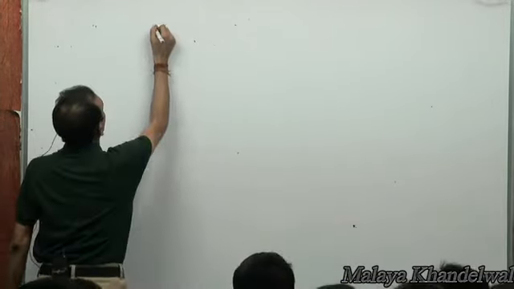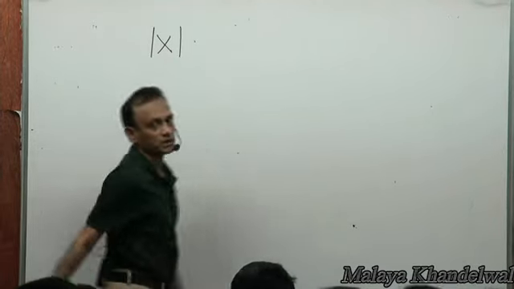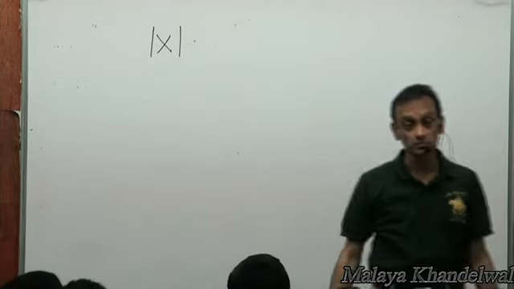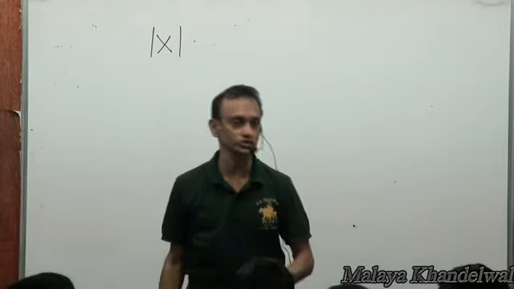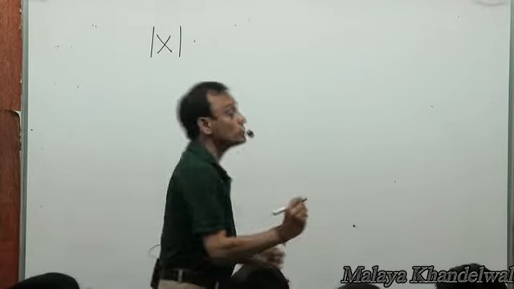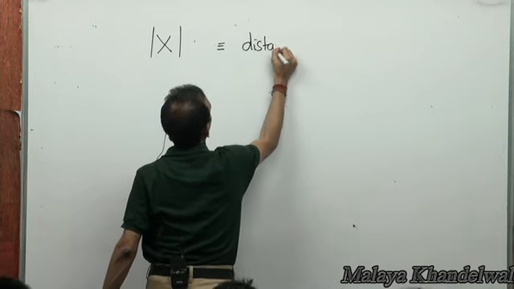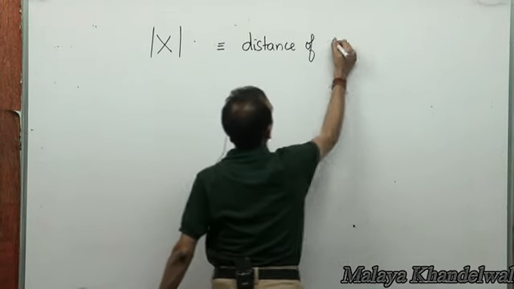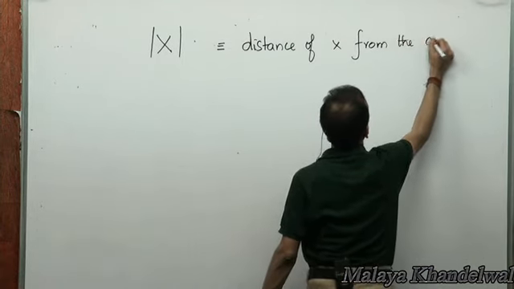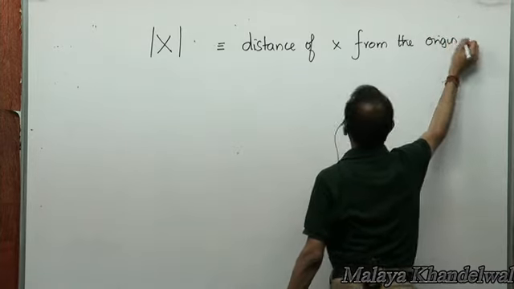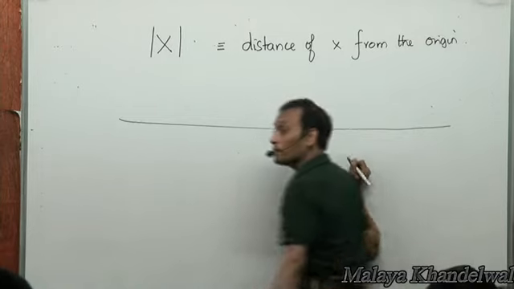Now, the moment I say mod x and x is a real number, I actually mean mod x means distance of x from the origin, where x is any number on the real number line.